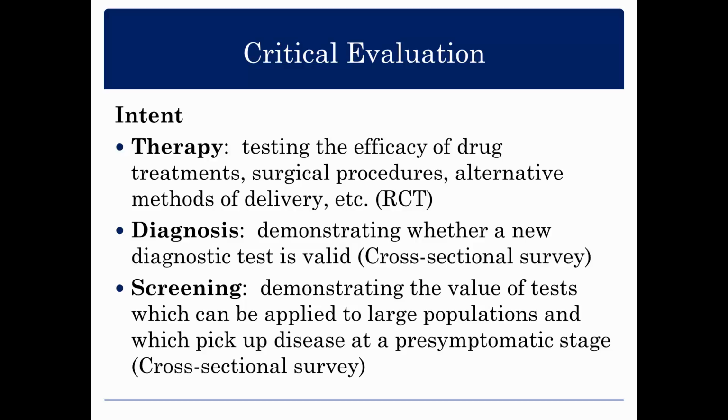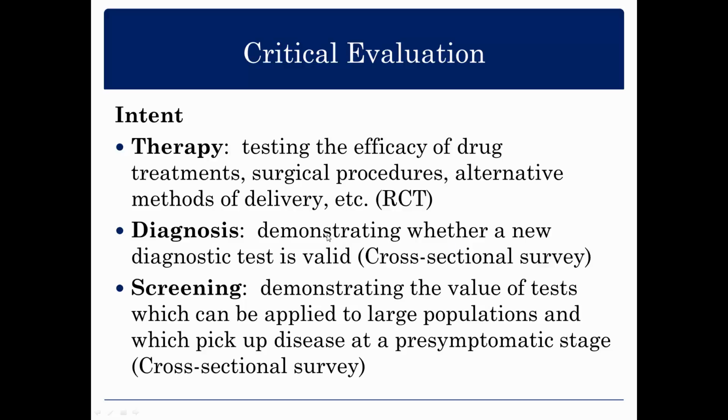Is the intent of the study to produce a therapy? Studies that are looking at therapies are testing for the efficacy of drug treatments or surgical procedures or alternative methods of delivery. These are usually randomized controlled trials. If it's looking for a better diagnostic test, these are usually from cross-sectional surveys.